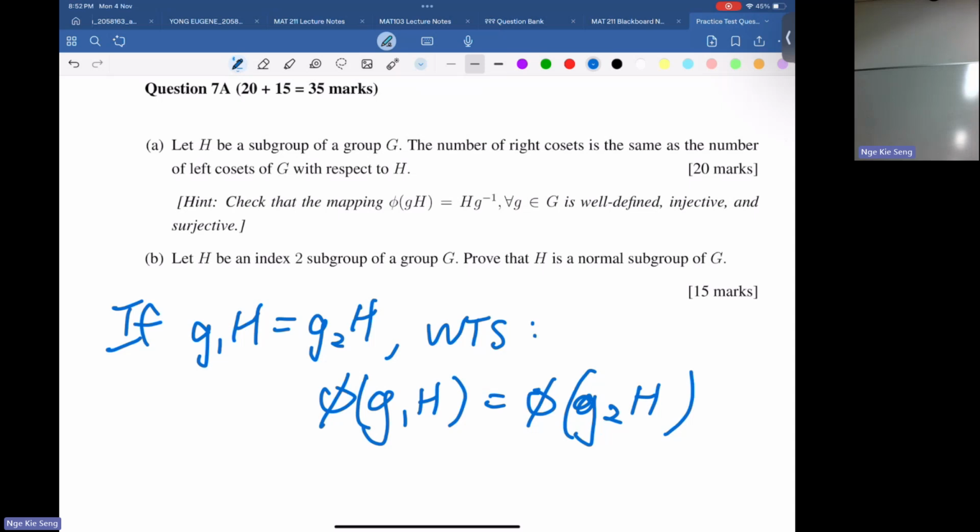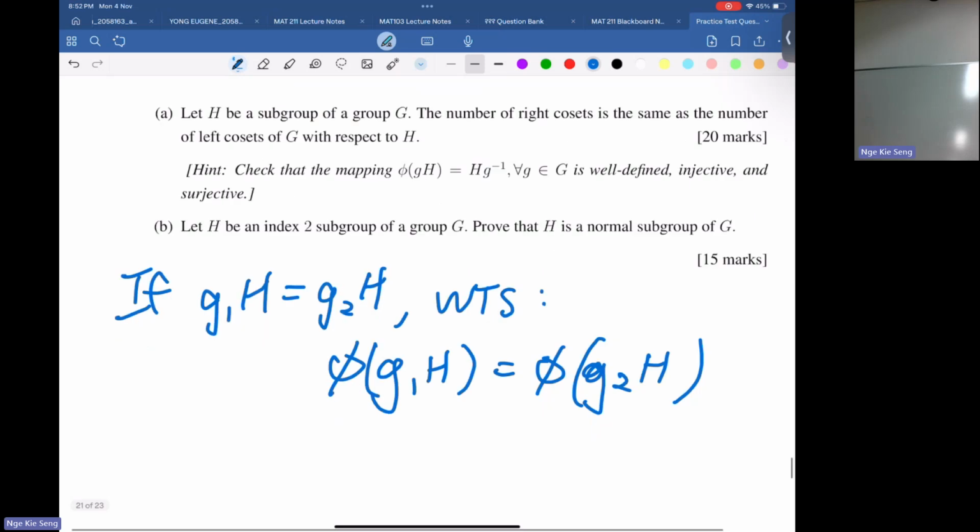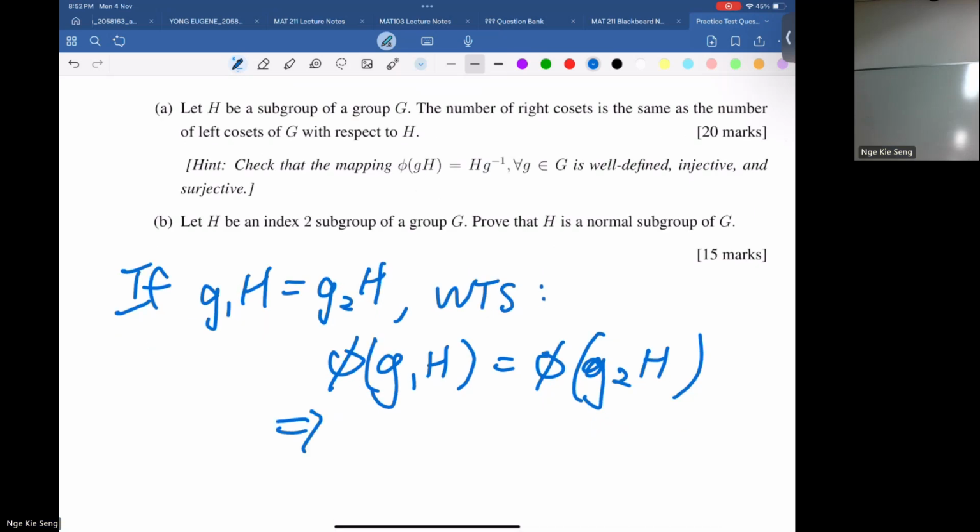Okay, how to get all the marks? 走完这条路，走完这条路 continue and walk. So by definition, this is what? HG1 inverse equals HG2 inverse. So the question is, why is this true? Is this true? Why is this true?